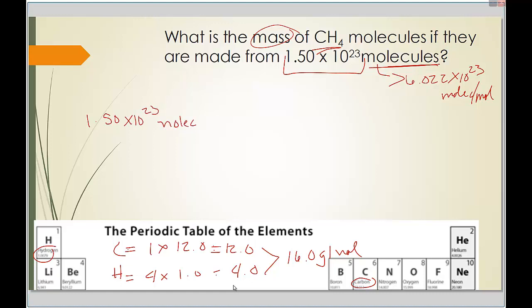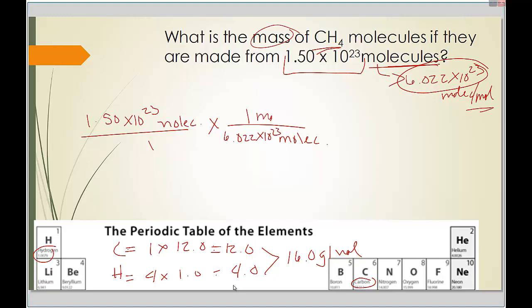Alright, so we have molecules on the top, which means I want to put molecules on the bottom of the next one. That's 6.022 times 10 to the 23rd. That is equal to 1 mole. Now we have moles on the top, which means we want to put moles on the bottom. We've used this number, now we're trying to get to mass, so we're trying to get to grams.